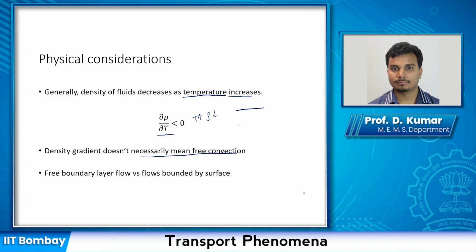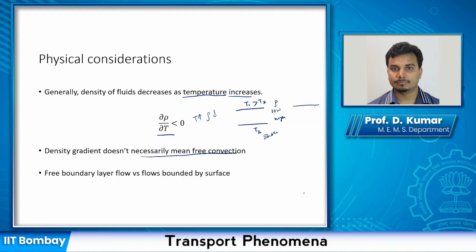Let us say you have two plates, where one temperature is T1 and the other is T2. If T1 is greater than T2, then rho here will be low and here it will be high, so you have a density gradient. But since the lighter fluid is already on top, it's stable, and you will not have any flow, so you will not have any free convection.